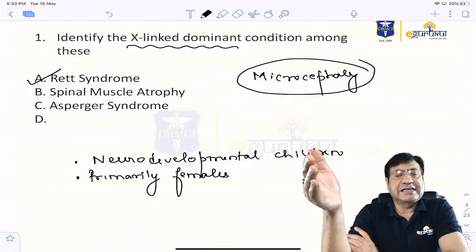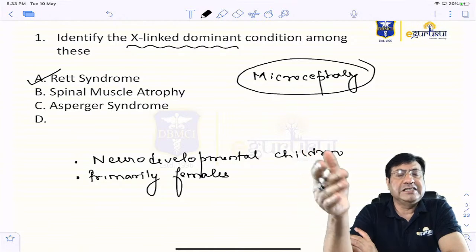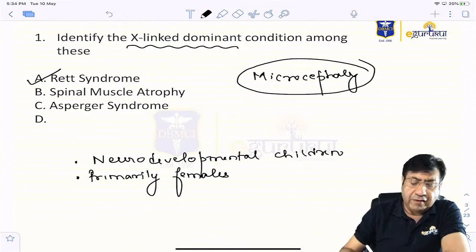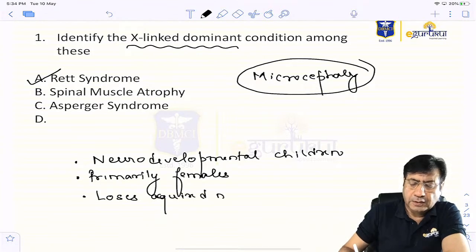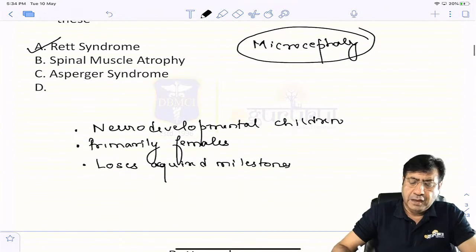So till the age, as I told you, of about 18 months to 2 years, these children are growing normally, after which the child starts losing many of those acquired milestones, including loss of purposeful hand movements.